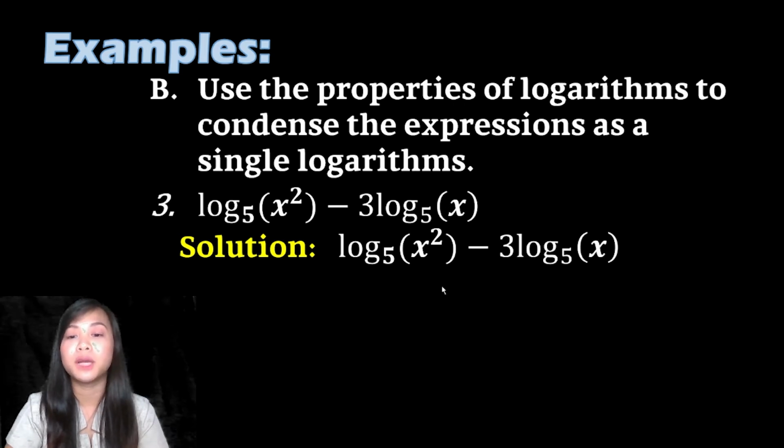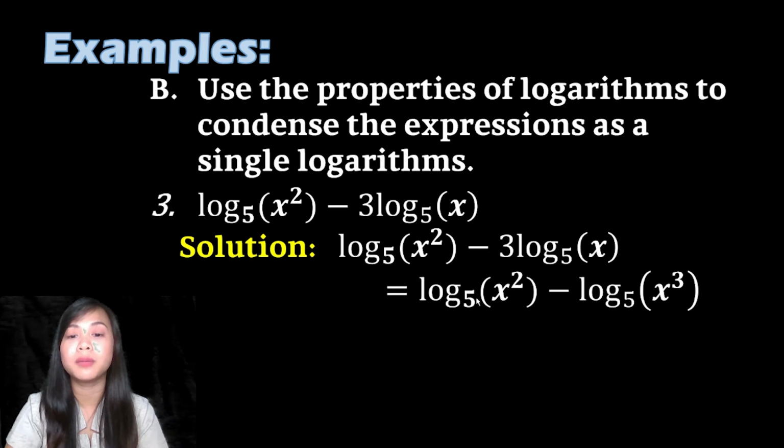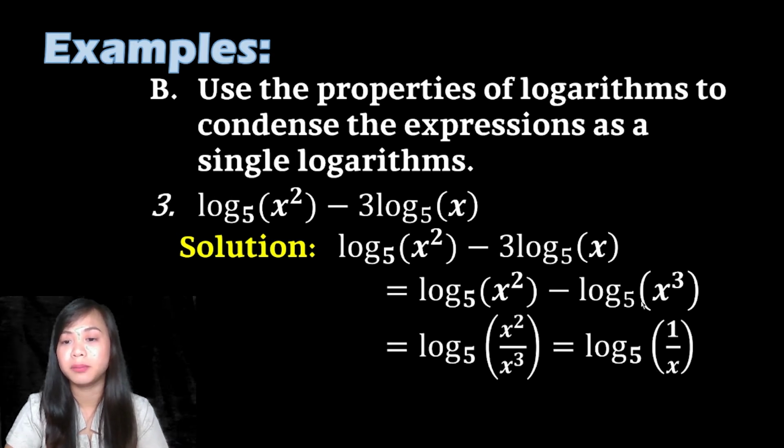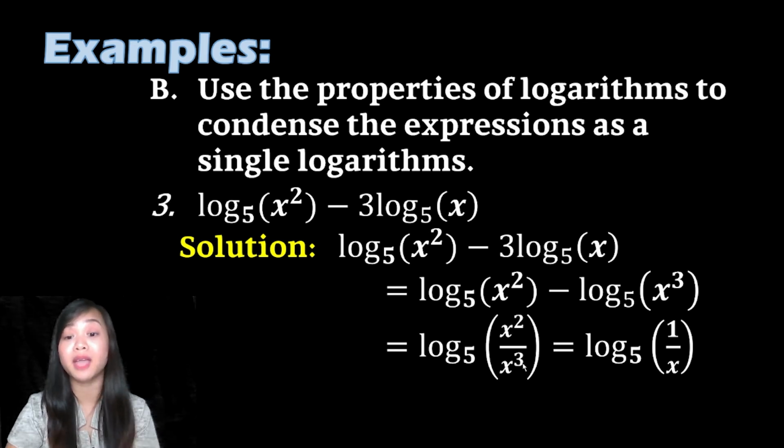Then it will become log base 5 of x squared minus, and we have 3 here, so we can write it as the exponent of our x, log base 5 of x cubed. Since we have minus here, then we can use the quotient rule. So log base 5 of x squared divided by x cubed, with the same base.